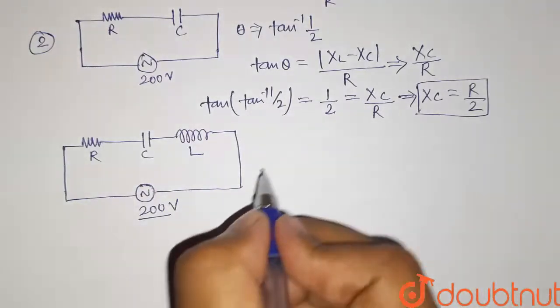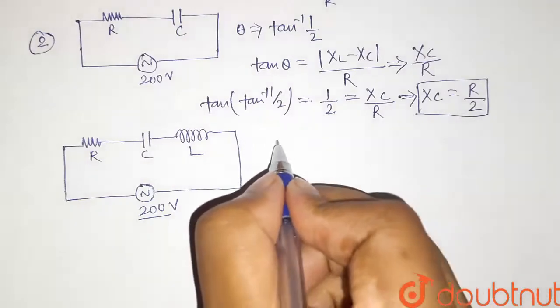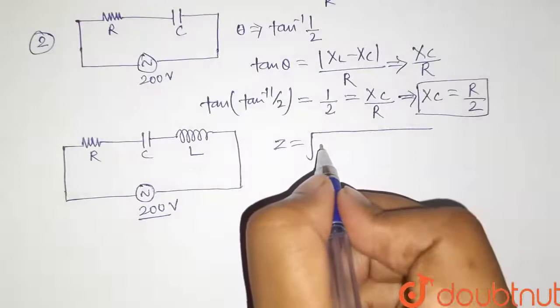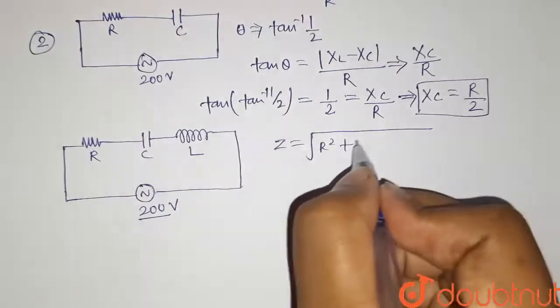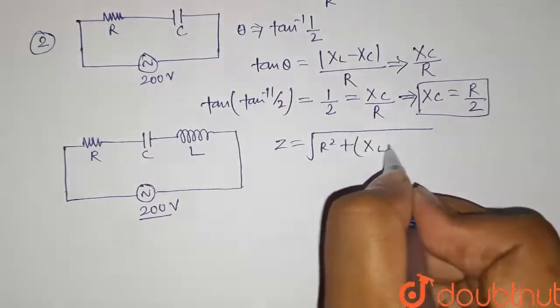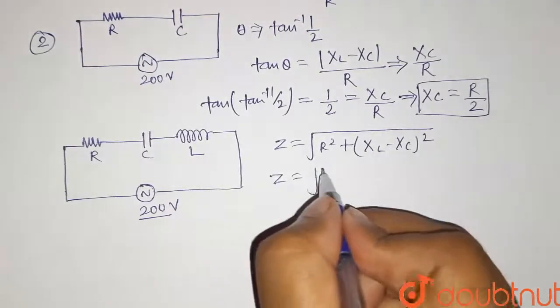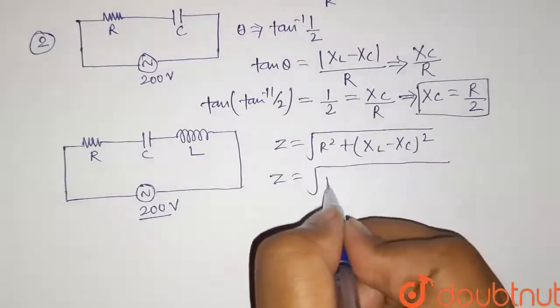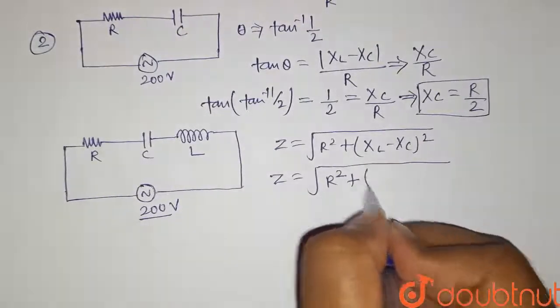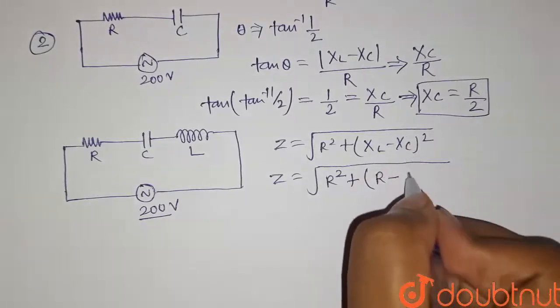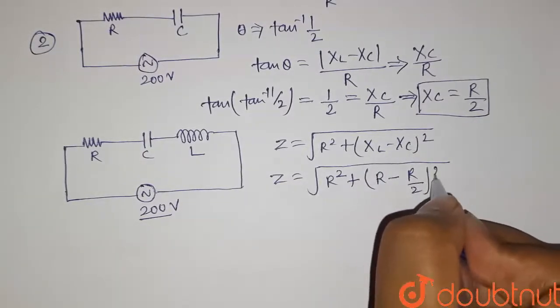Now the impedance for this circuit is given by the square root of R squared plus XL minus XC whole squared. We have the values of XC and XL, so we can put these values here. R squared plus the value of XL, which is R, and the value of XC, which is R by 2, that we have just calculated.